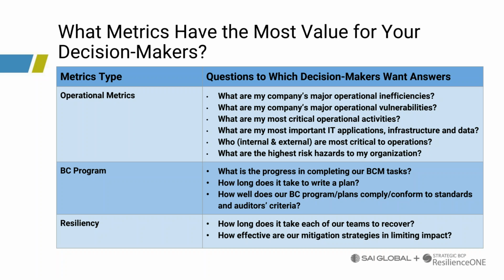And how effective are our mitigation strategies in limiting impact? So one of the things that a lot of folks will do, and we see this a little bit less than we would probably like, is that when you're submitting a budget request, you're actually effectively answering this question. So for ITDR, if I'm buying a mitigation strategy and I say, okay, to implement this, it's going to be $1.5 million, I'm mitigating how much of an impact from revenue, productivity, reputational, maybe liquidity, other financial measures.